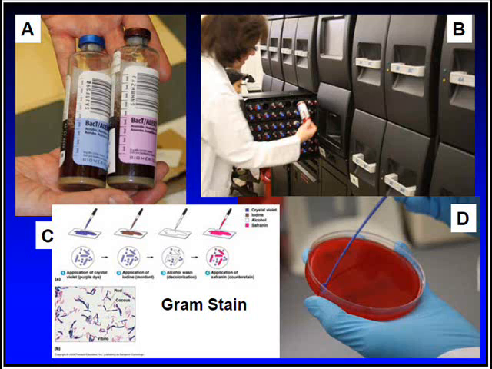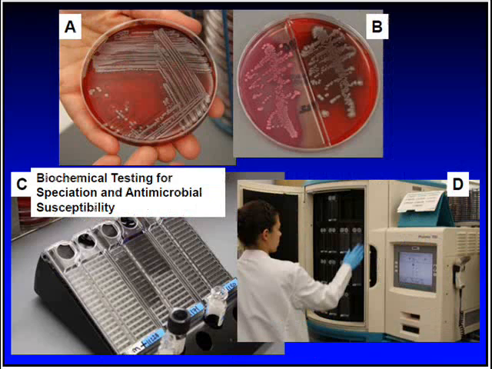Once positive, an inoculum of the positive culture is streaked onto growth media plates such as sheep blood agar, chocolate agar, and Brucella for subculture, and that is shown in panel B. Also an inoculum is used for gram staining, which is shown in panel C. At this point, once gram staining is performed, the morphology as well as the gram stain results are reported to the clinician. Speciation and antimicrobial susceptibility is then performed next.